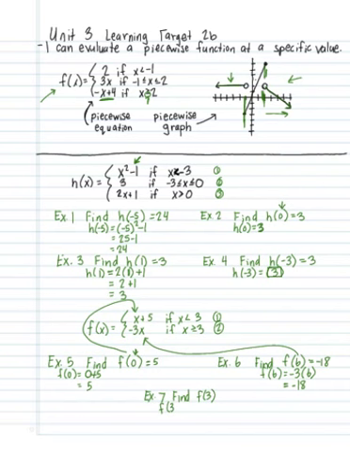This f of 3 would fall into the second equation because it's got the equal sign. So again, we're going to take 3 and fill it in where x value used to be. So we would have negative 3 and then in parentheses 3. Negative 3 times 3 is negative 9. So f of 3 is negative 9.